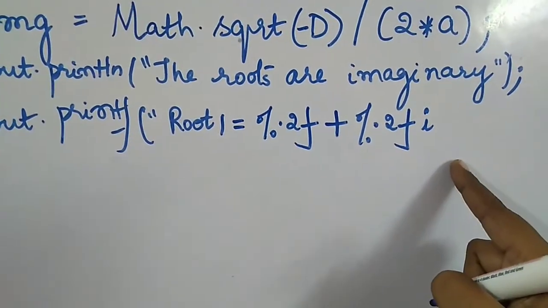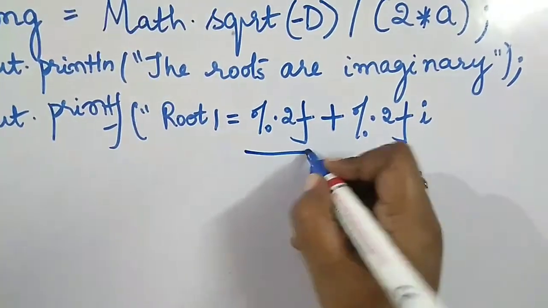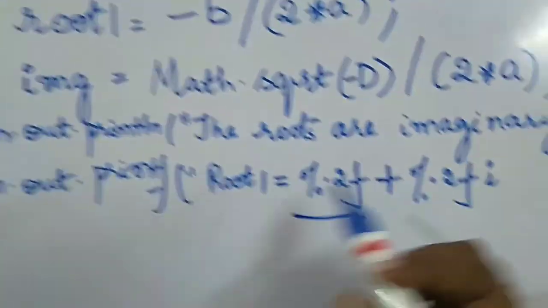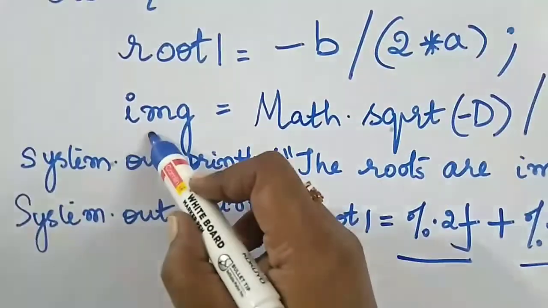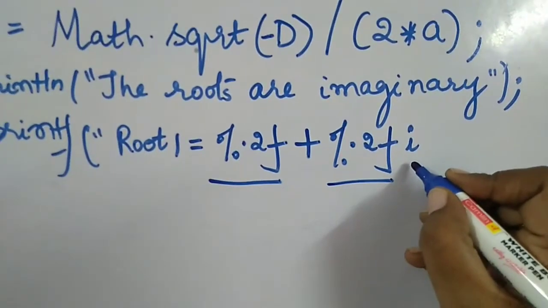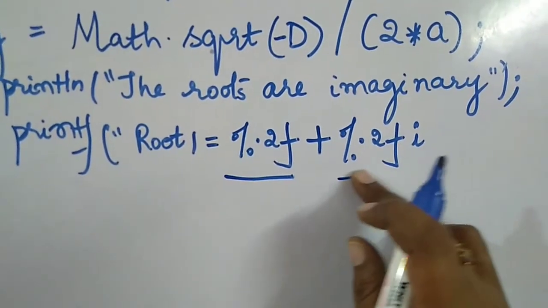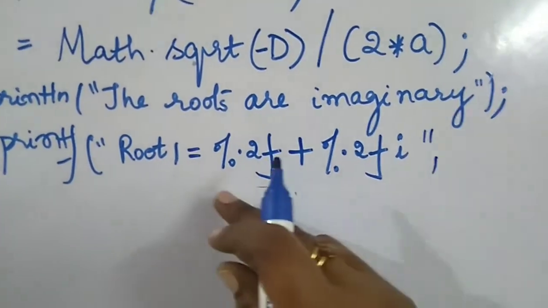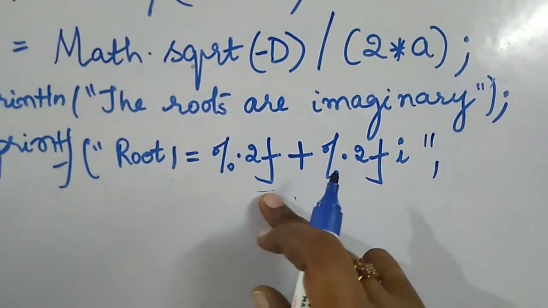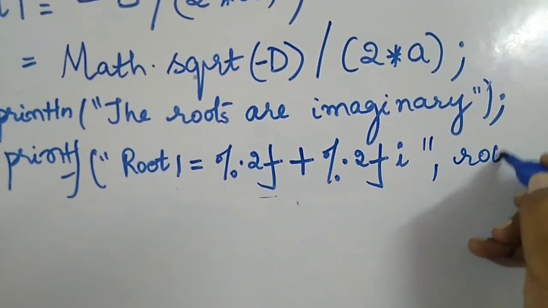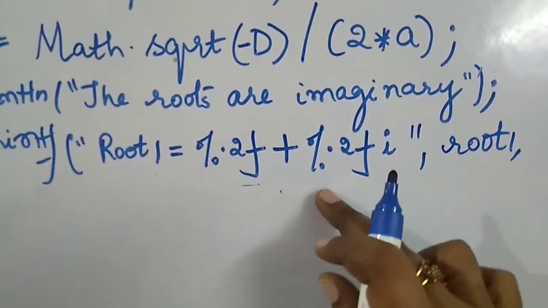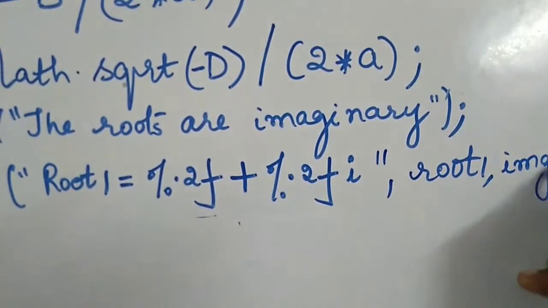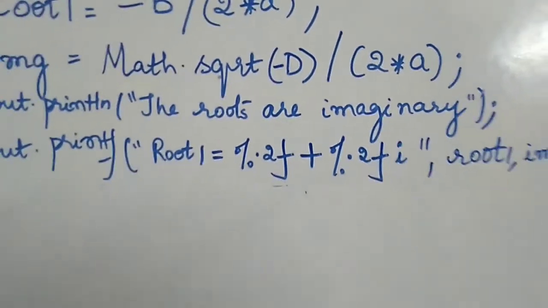When I do this, this particular part is root 1 and this particular part is the imaginary part, and by adding i it will represent a complex number. So the first %f is root 1 and the second %f is img. So the first root is printed for you.